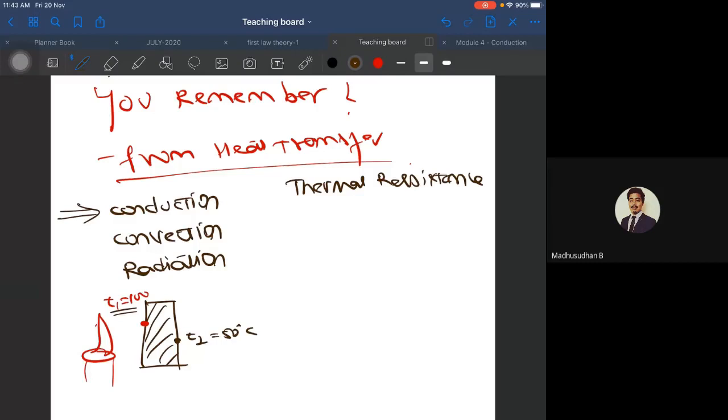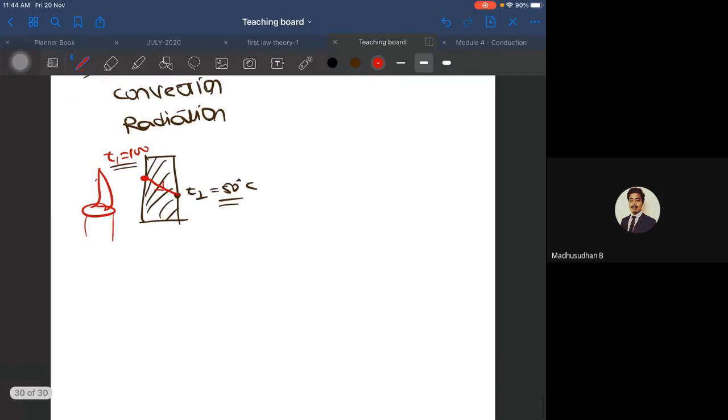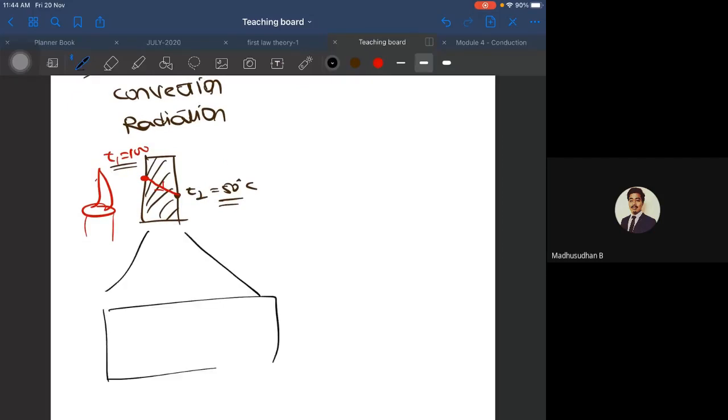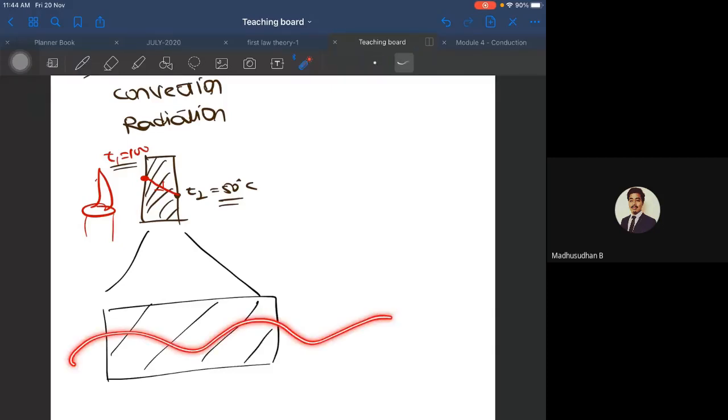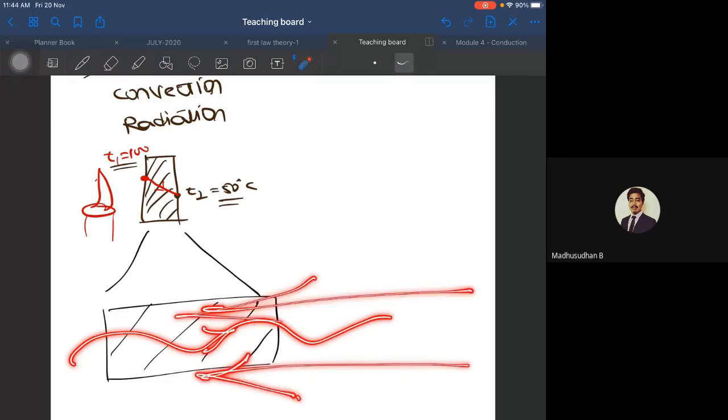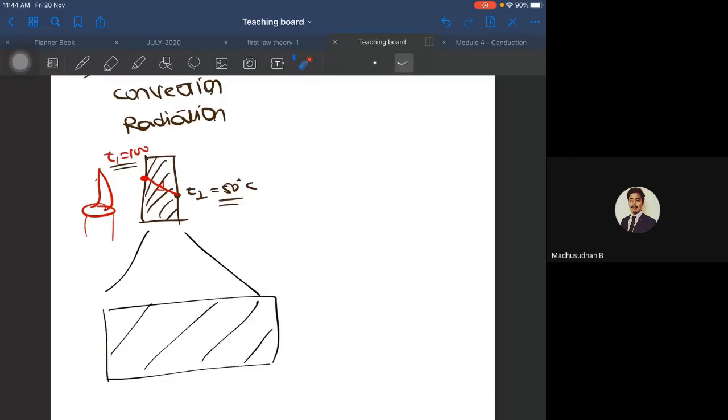Because of this temperature difference, the heat flows like this. Within this material, when the heat flows in this direction, there is an obstruction to the heat flow, which is known as the thermal resistance.